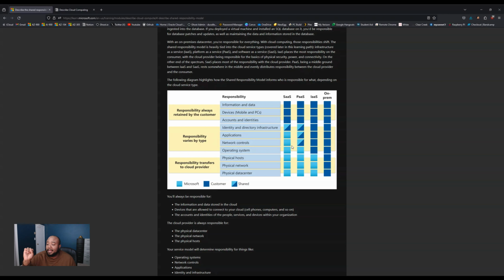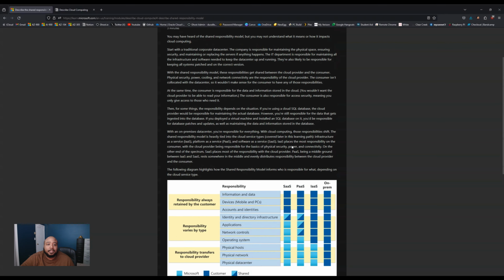So if they want to have Windows Server, if they want all the local on-premises directories, they're responsible for that. Now, for platform as a service, this is a little trickier. So let's go through this.